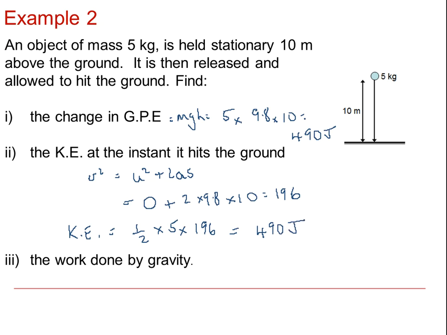So you can see that in falling, the gravitational potential energy that has been lost has been turned into kinetic energy. This is equal to the work done by gravity. So both the gain in the kinetic energy and the loss in the gravitational potential energy are equal to 490 joules.